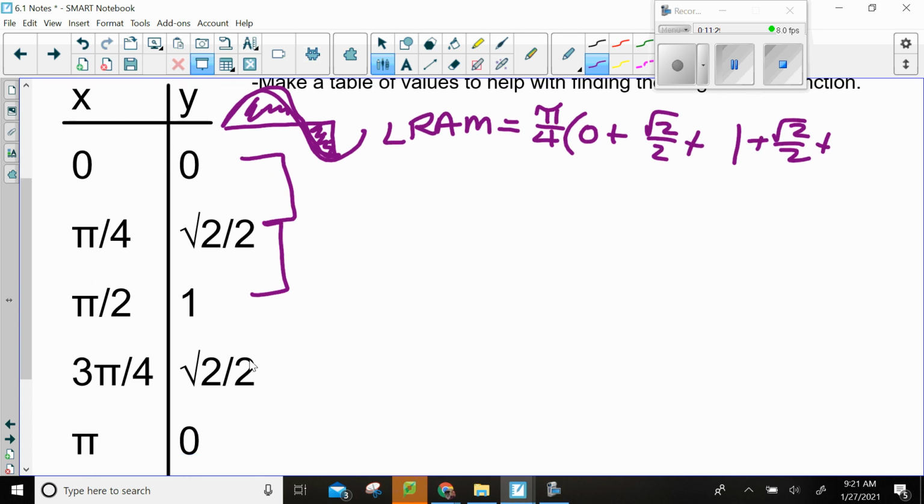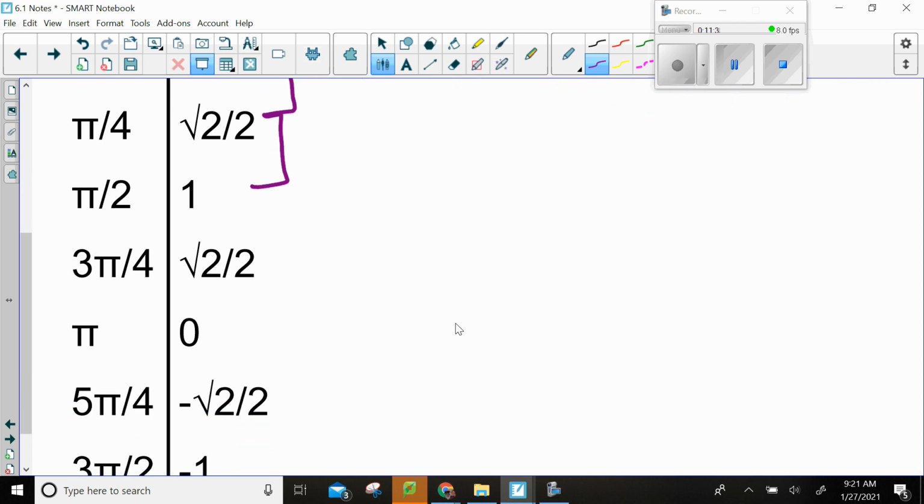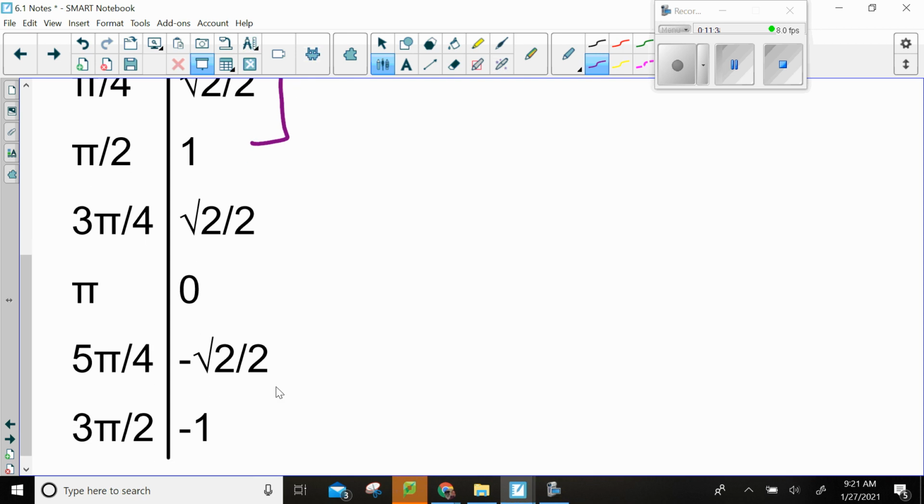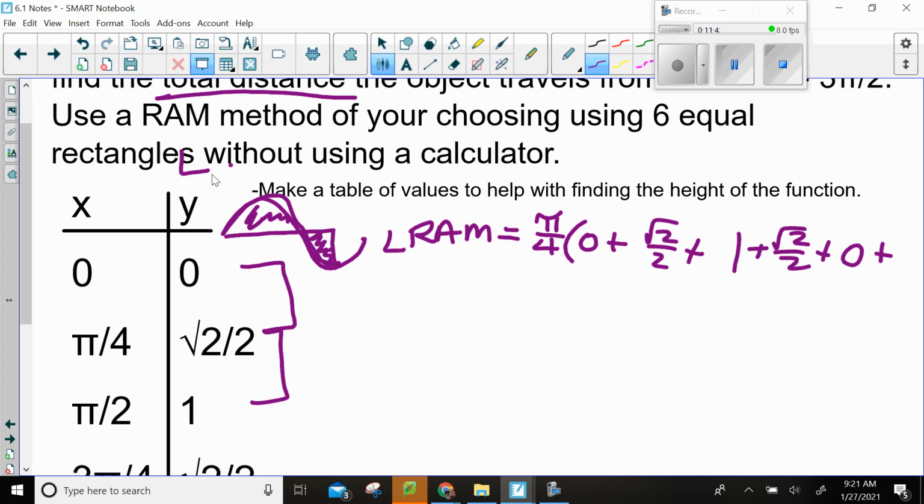We want to figure out where we are at. Our left one here is 0. Finally, our last left side here is negative square root of 2 over 2. But because we want to know how far total did we travel, we're just going to make it a positive.